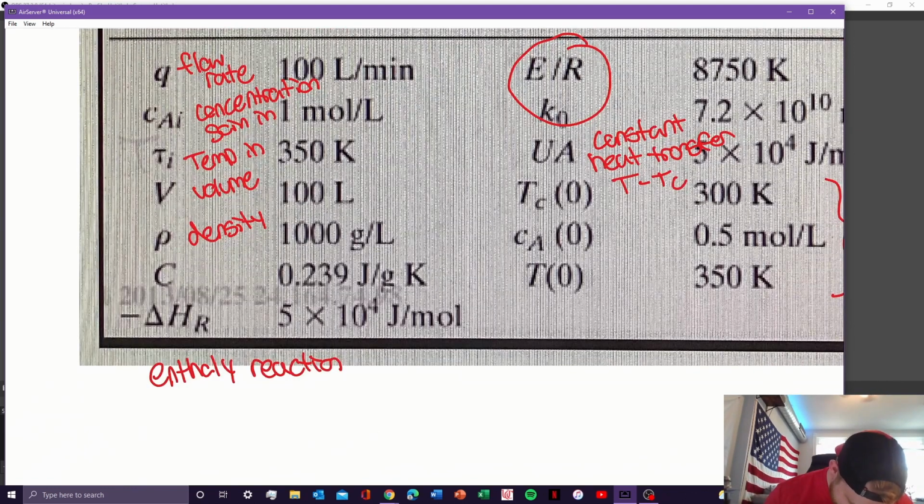It's not specific heat. C is the heat capacity. C is the heat capacity constant.